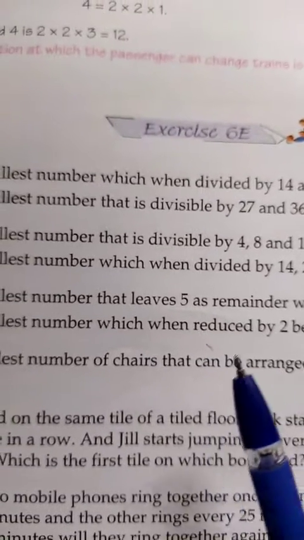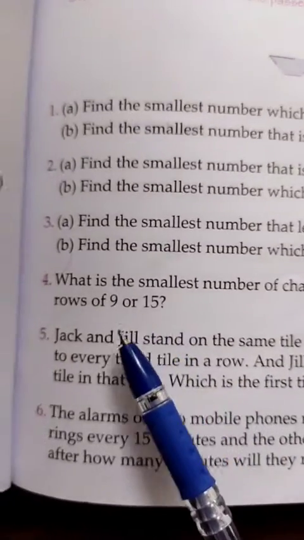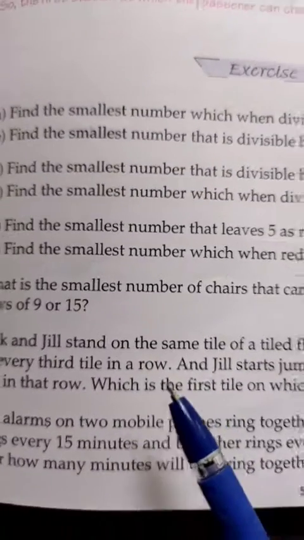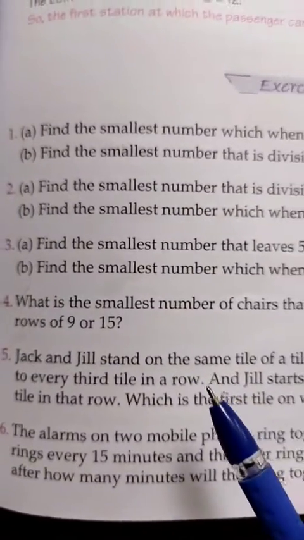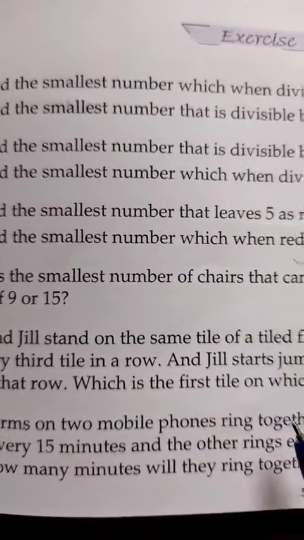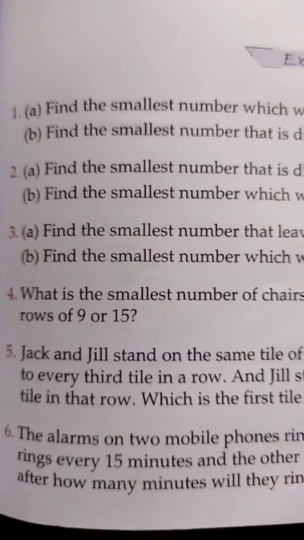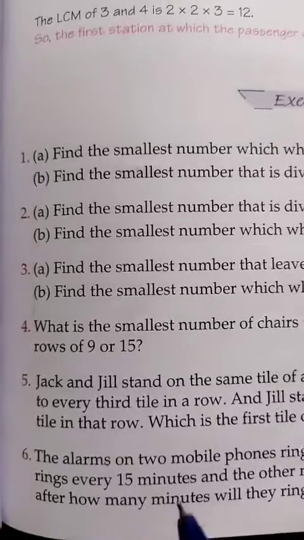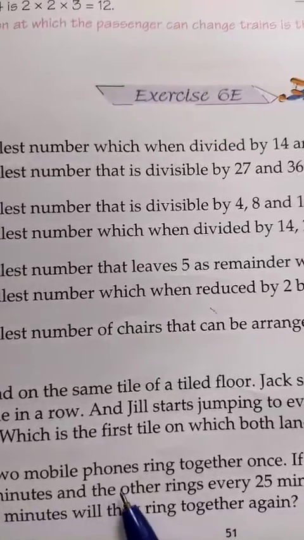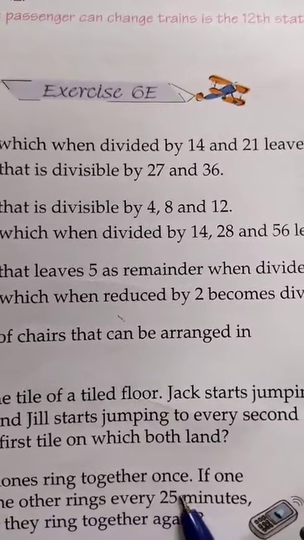Now in exercise 6E, all the questions are asking for the smallest number. So in all the questions you have to find the LCM. That is why I am giving the whole exercise as homework. Do it on your own. See, in the last question, the alarms on 2 mobile phones ring together once.